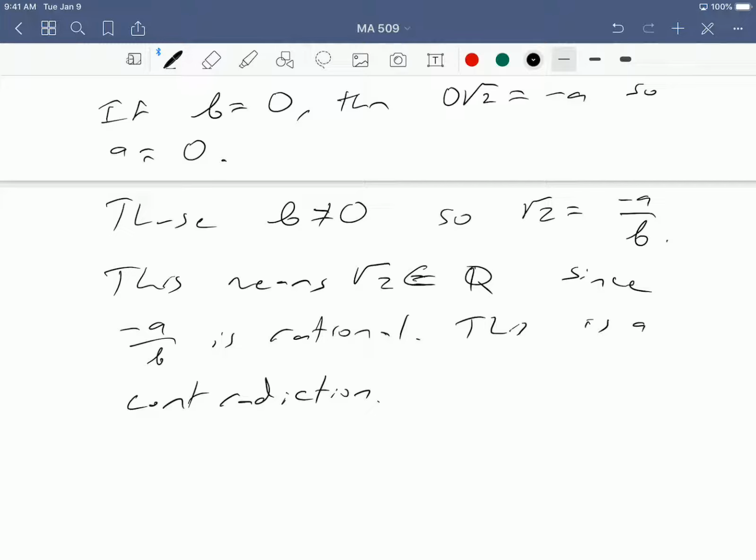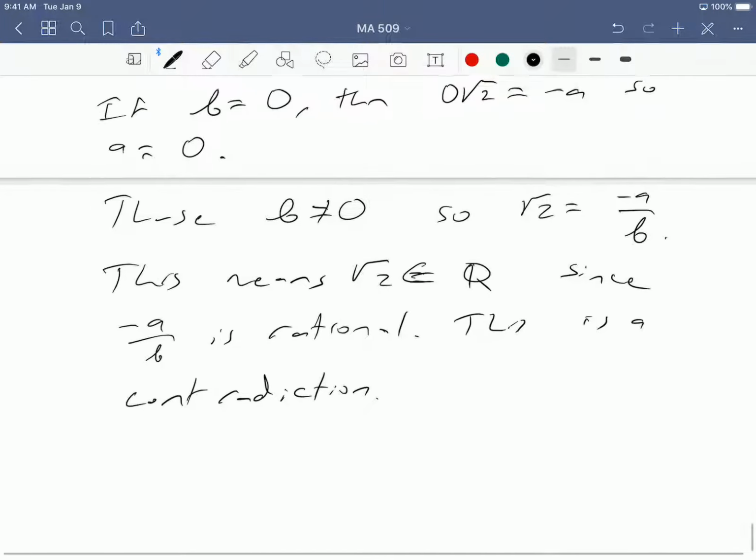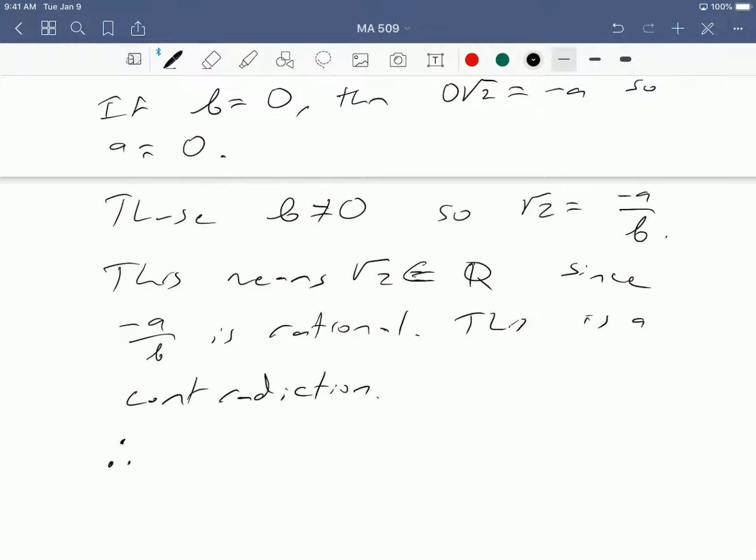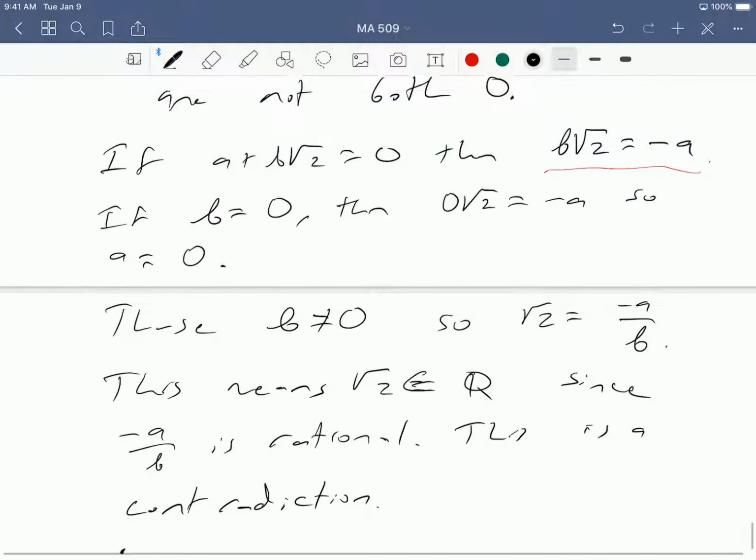All right, so if root 2 is minus a over b, then root 2 is rational, and we know that root 2 is not rational, and I'll post some links to proofs where you can see that. But we get this contradiction, and so that means something that we assumed had to be false.